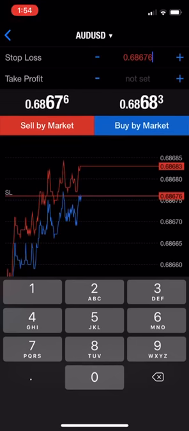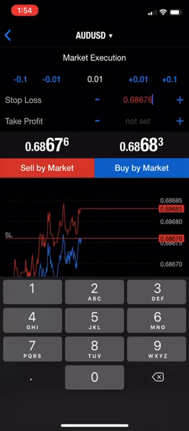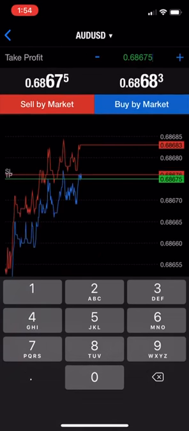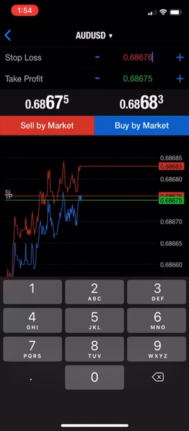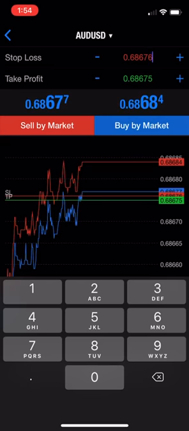On every trade, you're most likely going to be setting a stop loss and a take profit. The stop loss is basically if the market goes against you and hits your stop loss, it'll take you out of the market so that you don't blow your account.